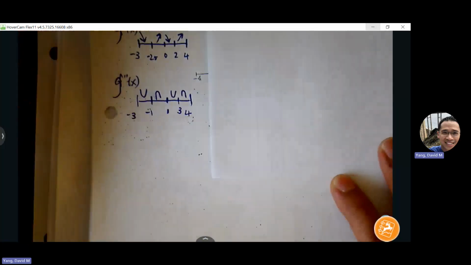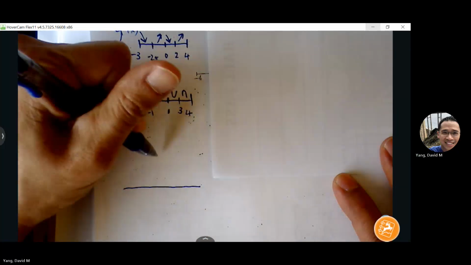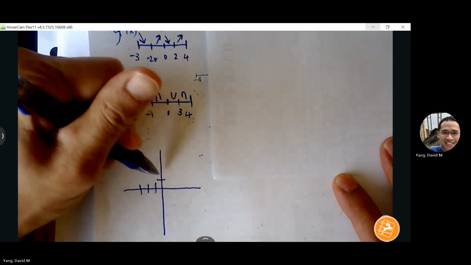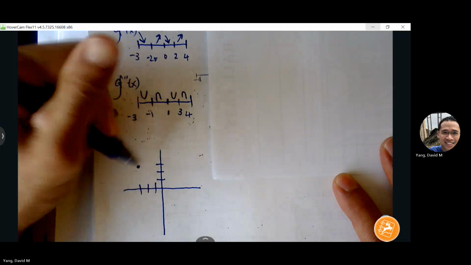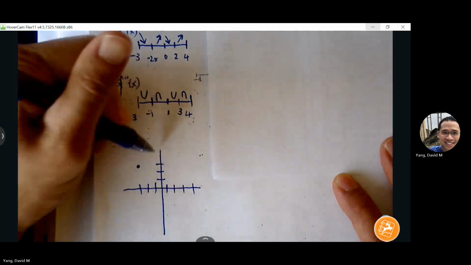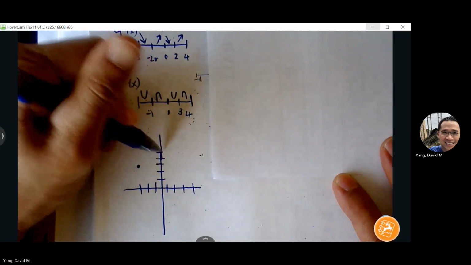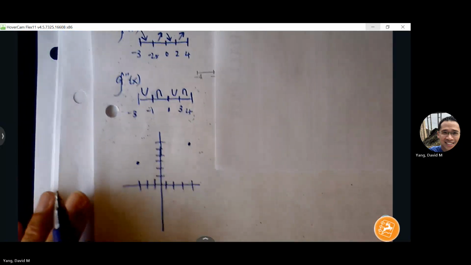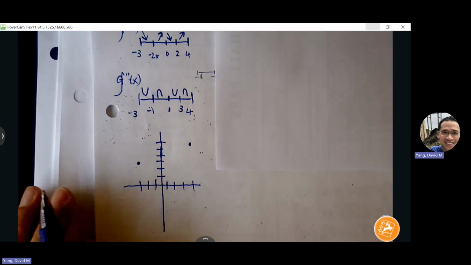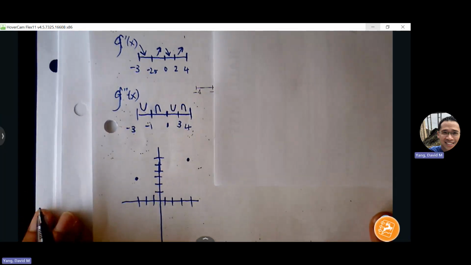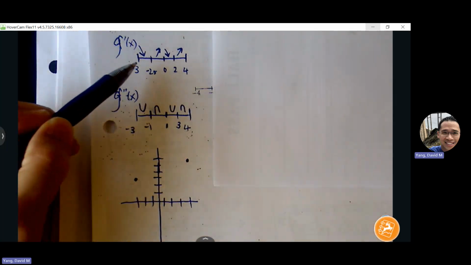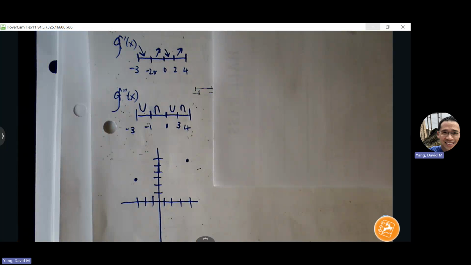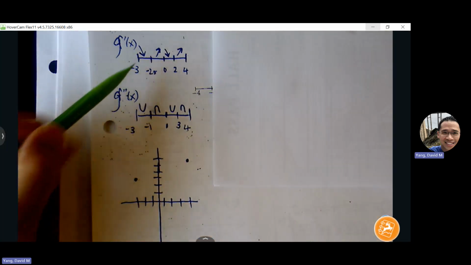So I'm going to go ahead and create that. -3, 3, and 4, 6. And we're just going to follow the direction of those arrows, and our y values may be different from each other, but as long as we're following those arrows, we're good.